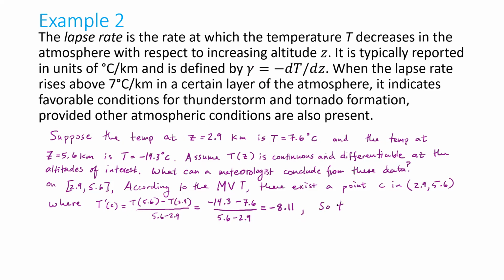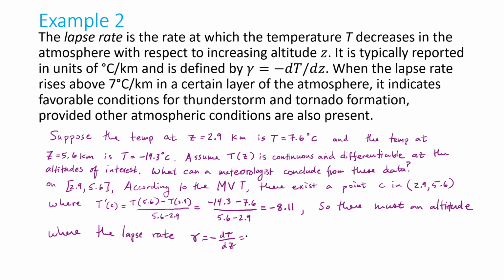So there must be an altitude where the lapse rate gamma is equal to negative dT over dz. And here we got negative 8.11 for some T prime.